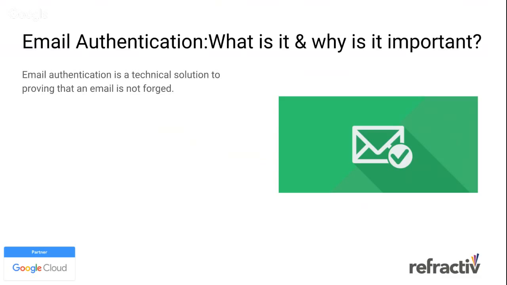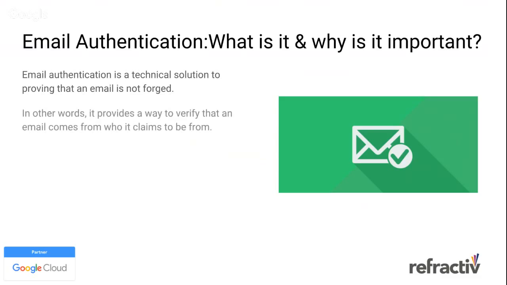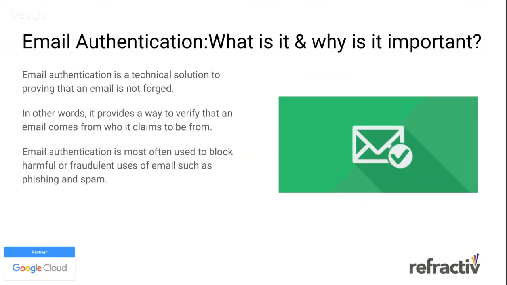Email authentication is a technical solution proving that an email is not forged. It provides a way to verify the email came from who it claims to be from. Its typical usage is to block harmful or fraudulent emails, those spoofed ones we were talking about, that are used for phishing and sending spam and scams.